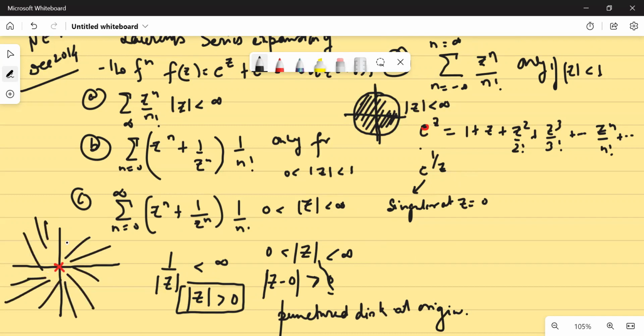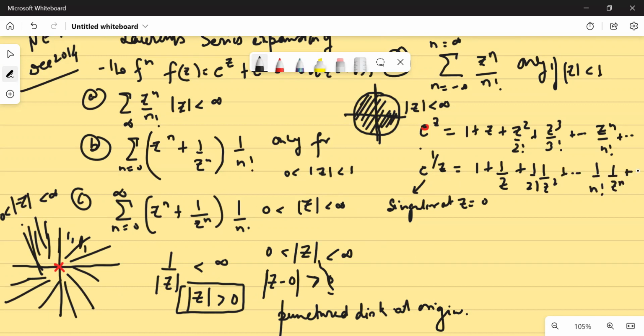Otherwise, for all points mod z less than infinity and mod z greater than 0, you can expand both of these terms in a power series. So what will be the power series here? 1 plus z plus 1 upon 2 factorial 1 over z square and so on, 1 upon n factorial 1 over z raised to power n and so on. So the function can be written as summation n from 0 to infinity, z raised to power n upon n.